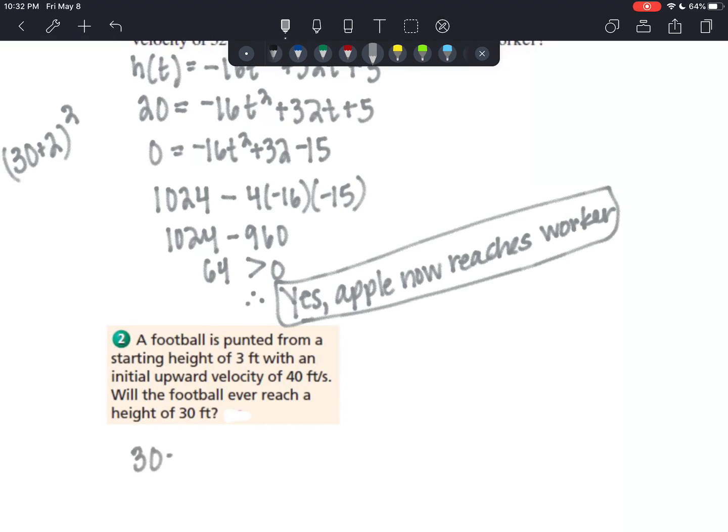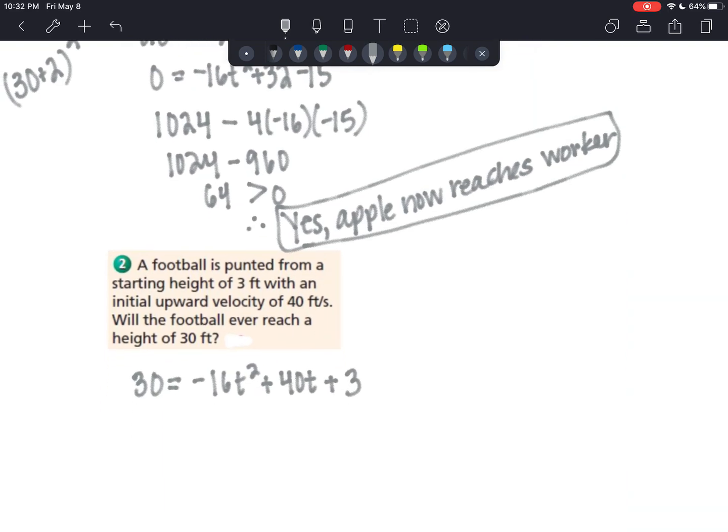So I'm going to end up having 30 equals negative 16t squared plus my initial upward velocity of 40 times t plus the starting height of 3. So we'll have 0 equals negative 16t squared plus 40t minus 27.